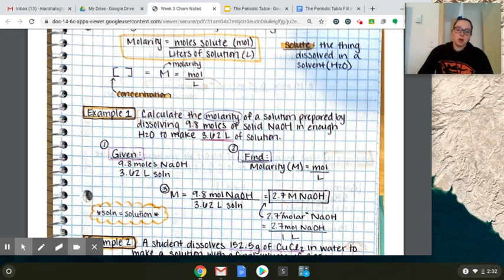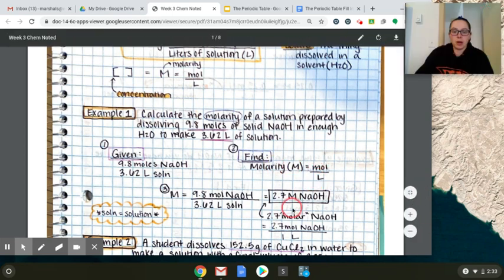So looking at this problem, my given value is in moles, which I have moles over here, so I don't need to change that. I have liters here, I have liters here, I don't need to change that either. So I can just go straight into my calculation, and that is putting 9.8 moles of NaOH over 3.62 liters of solution.